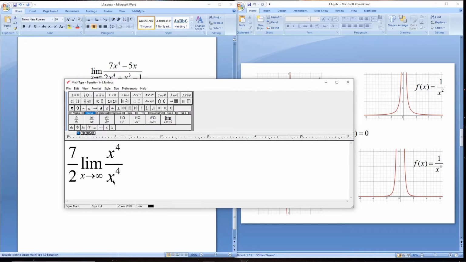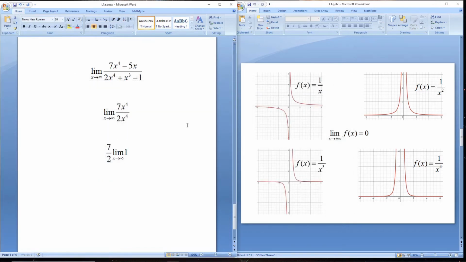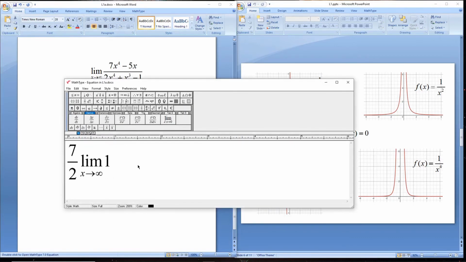And then x to the fourth divided by x to the fourth is 1. And what you should burn into your brain? The limit of a constant is always that constant, and so that's 7/2.